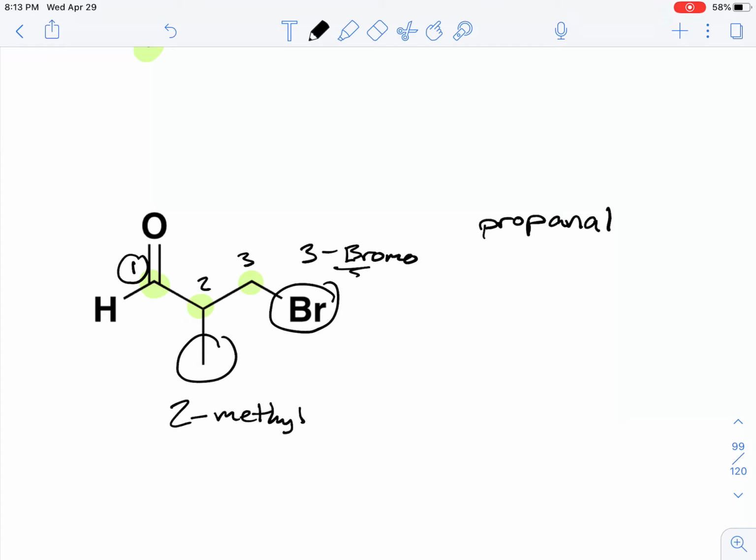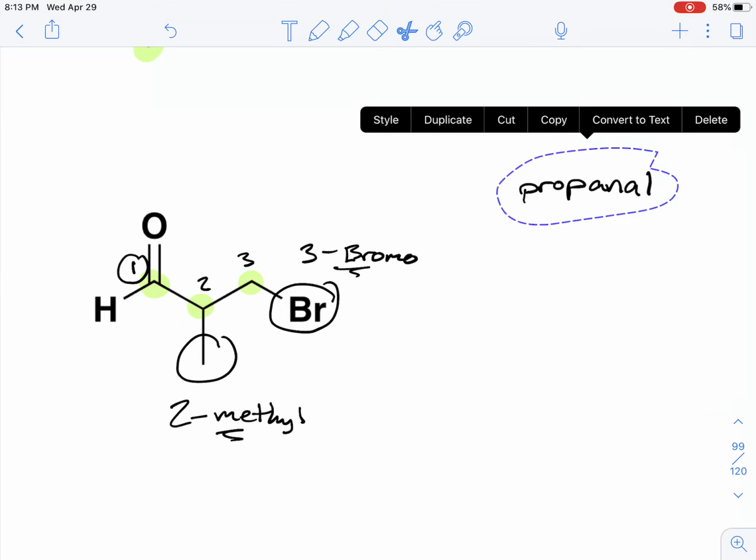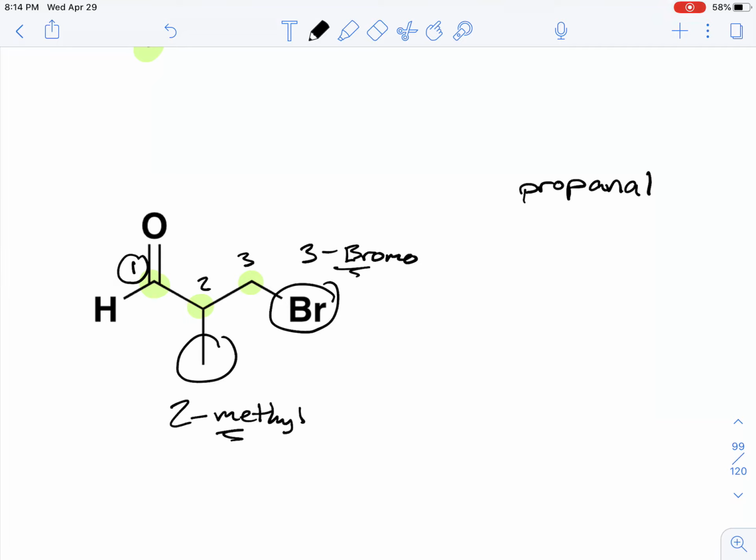Here, when you have different substituents, you want to name them in alphabetical order. And so you're going to put the B, the bromo, first. So here we have 3-bromo.